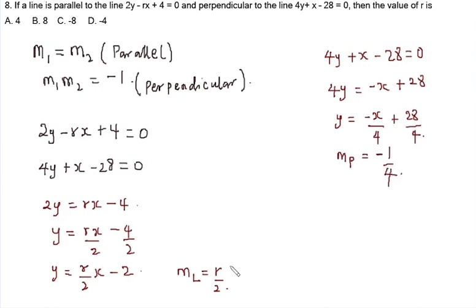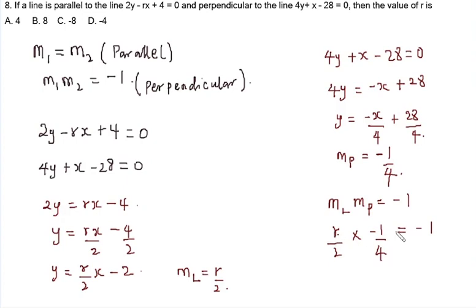So the slope of our line and this line is perpendicular. So we can say that the slope of our line times the slope of the perpendicular line is equal to -1. So we have r over 2 times -1 over 4 is equal to -1.